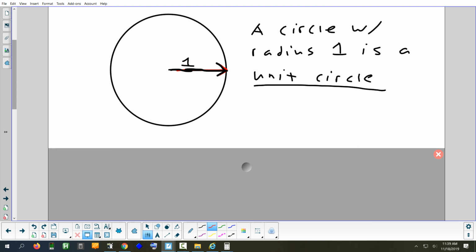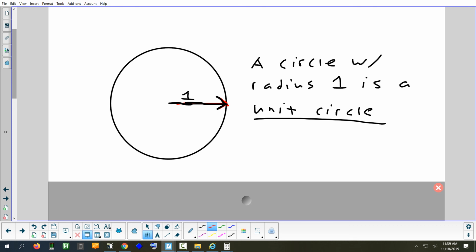Now, there's something very special about a unit circle in terms of measuring the length of an arc and measuring the corresponding angle to that arc. This is something special that only happens on a unit circle. Does everyone understand the difference between taking a piece of string and measuring that arc versus measuring this angle with a protractor? They're different, usually.